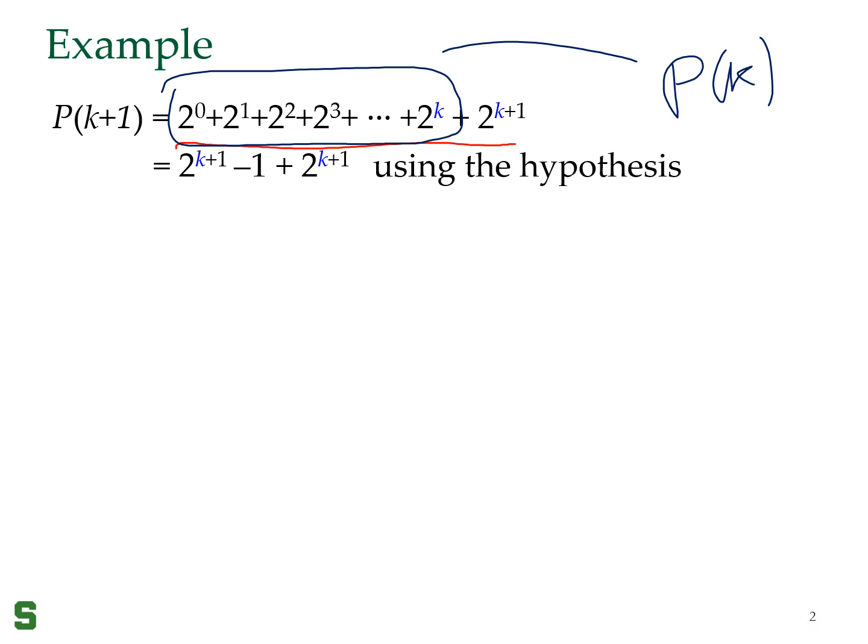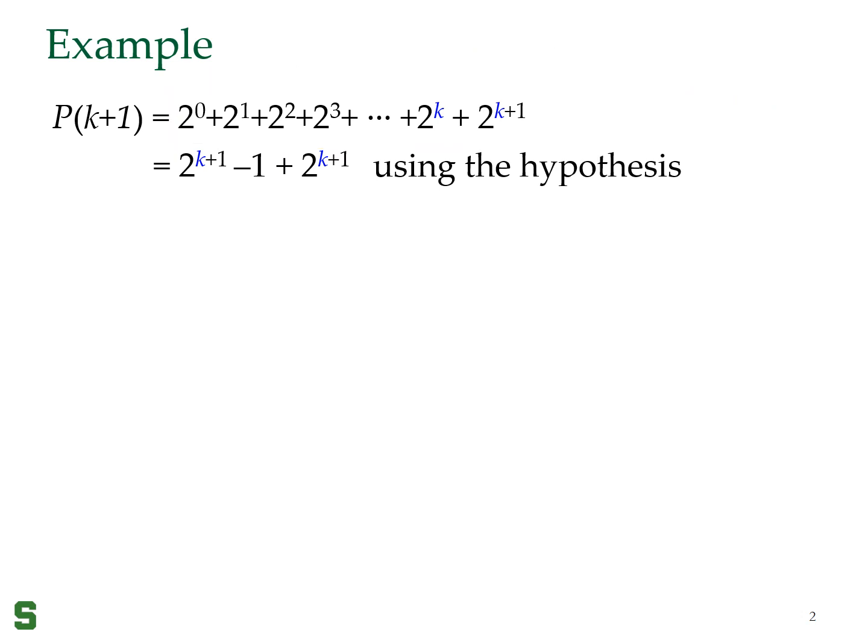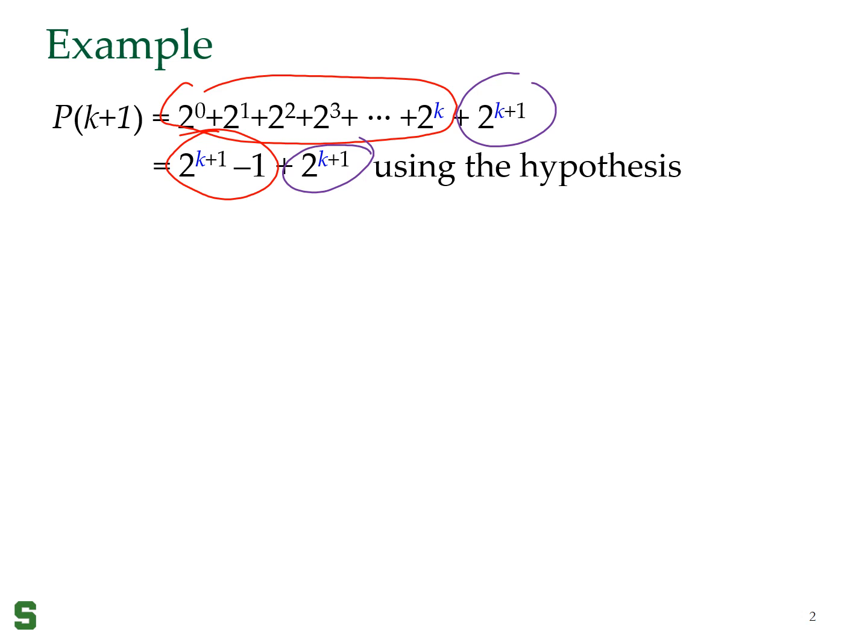So this value is substituted by this value, which is 2 to the power k plus 1 minus 1. This term is going to be left as is, as 2 to the power k plus 1.